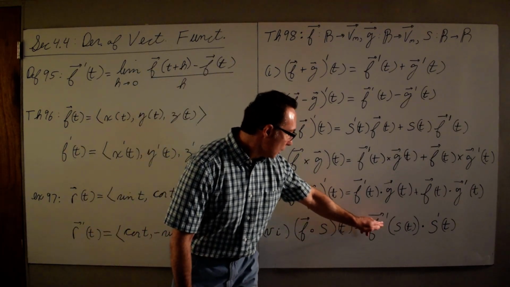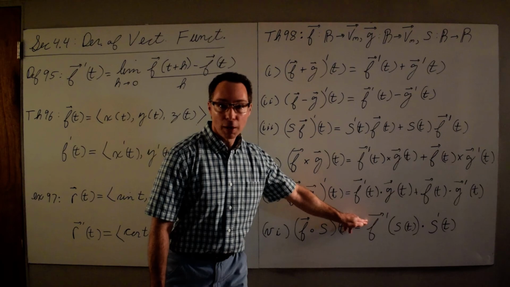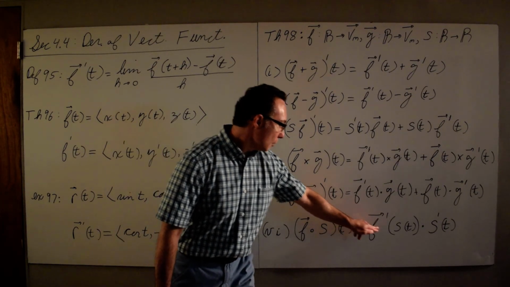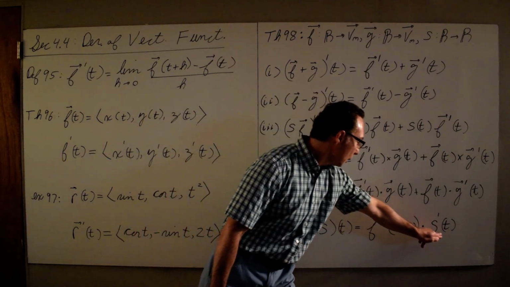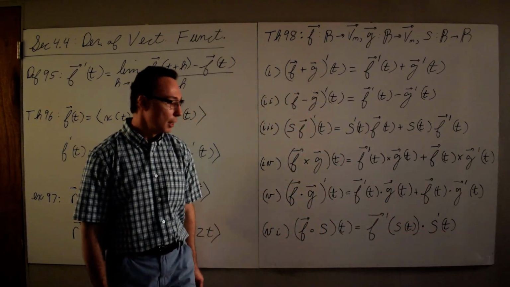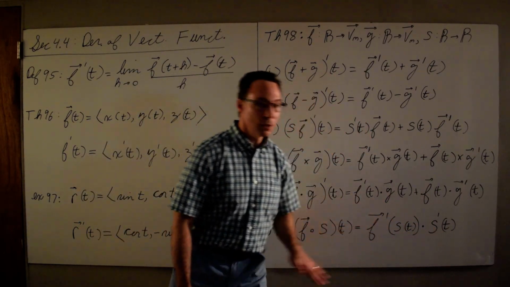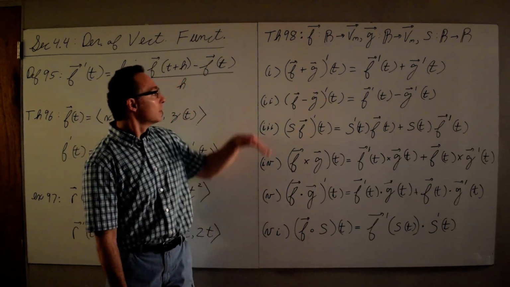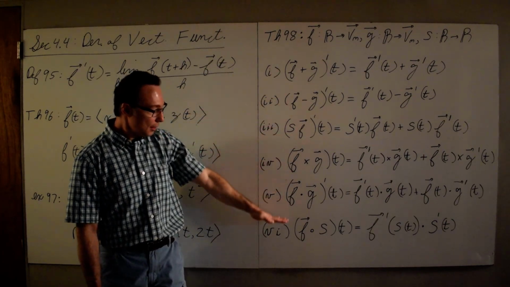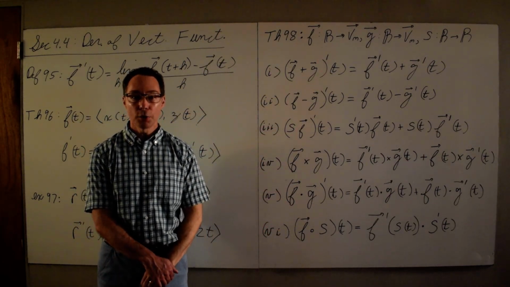I'm taking the derivative of f, which is a vector-valued function, so I'm plugging a number in to get a vector. I plug a number in right here to get a number, and this product is the scalar multiple. So everything from Theorem 98 works out in a nice, comfortable way.